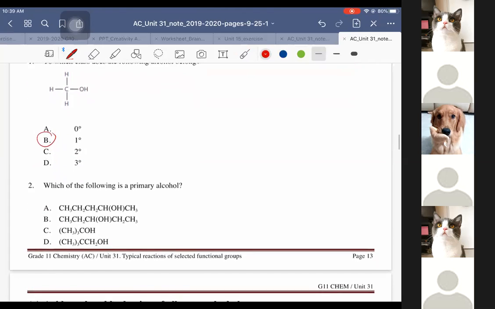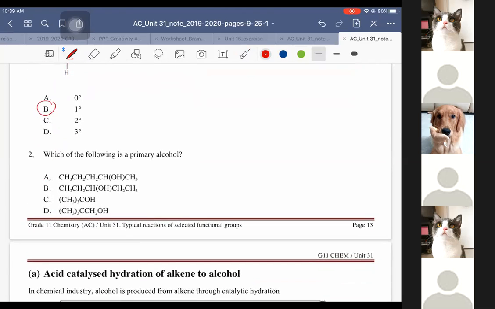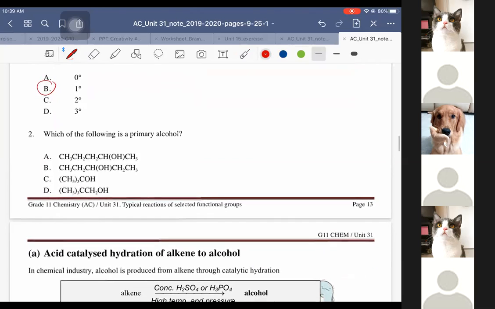Okay, and then the next one: which of the following is a primary alcohol? Again, we're going to look at that carbon attached to the OH group. For the molecule in A, this is the carbon attached to the OH group. Let's check how many alkyl groups it's attached to.